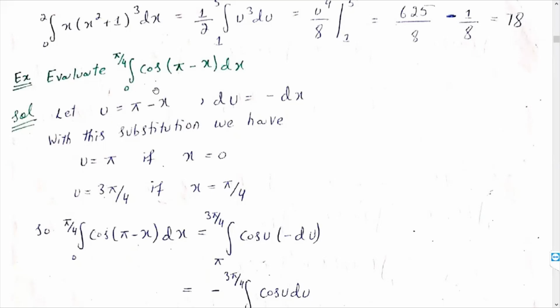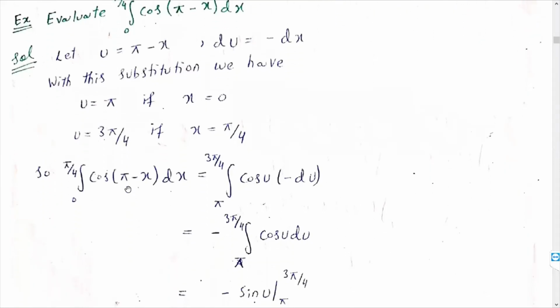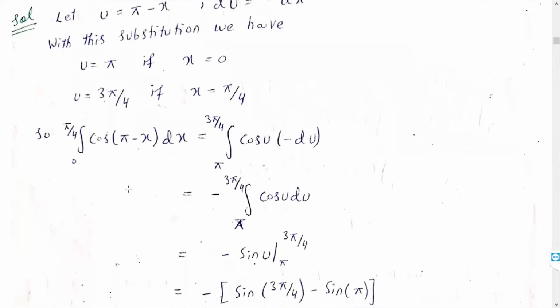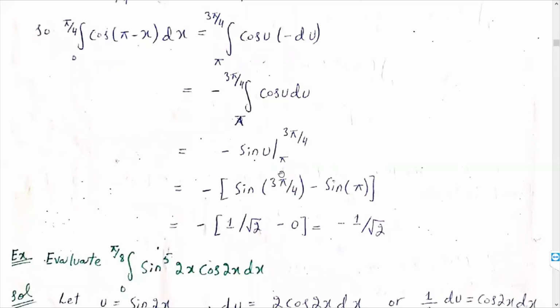If x is pi by 4, the value of u is pi minus pi by 4, that is 3 pi by 4. So these are the new limits of the new variable u. Replacing the old limits with the new ones, I get the integral from pi to 3 pi by 4 of cos of u into minus du. Taking the minus sign out of the integral, cos u du, the integral of cos u is sine u, upper limit minus lower limit, and I am getting a number.